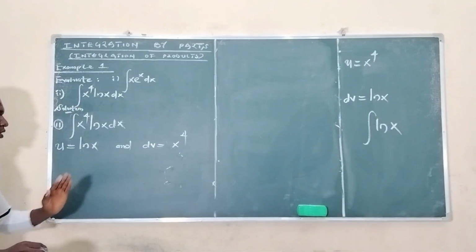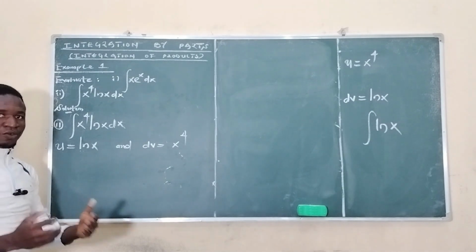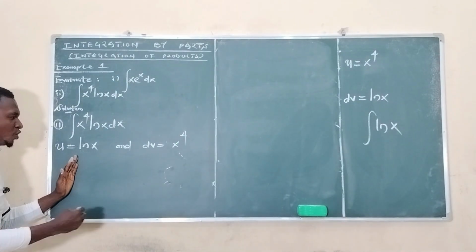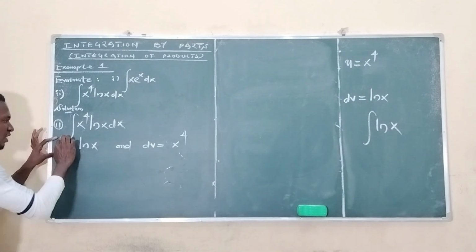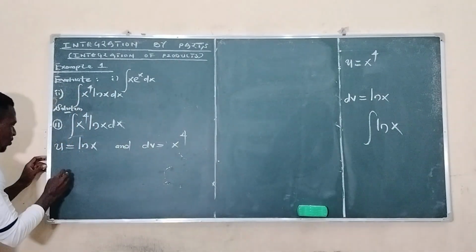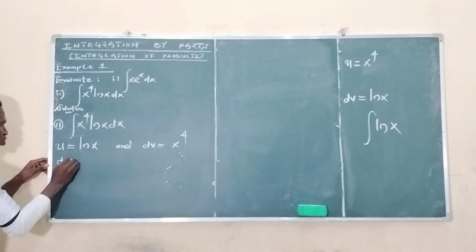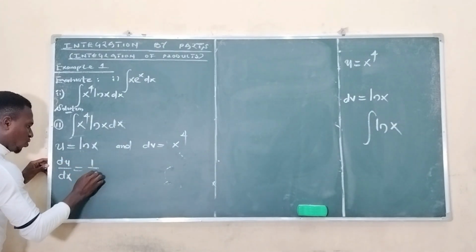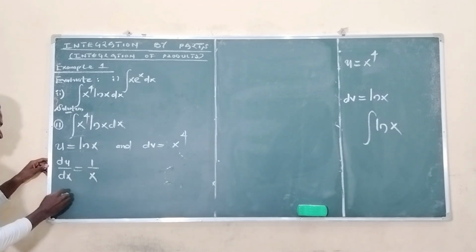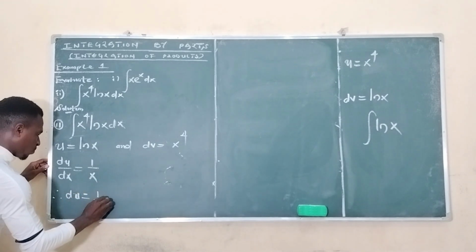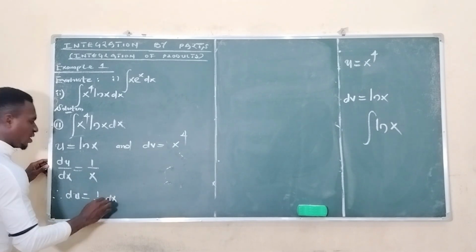So this is what we do now. We should know how to choose our u and also our v. Now at this instance, what do we do? We differentiate u and we integrate dv. So differentiating u, we have du equal to 1 over x dx.